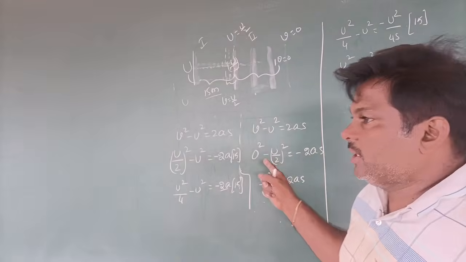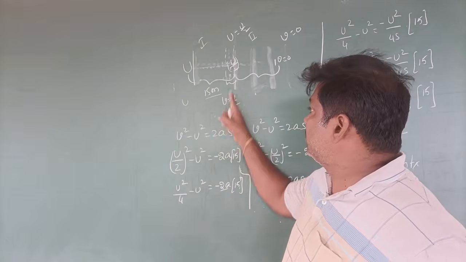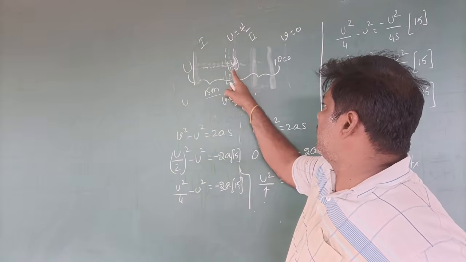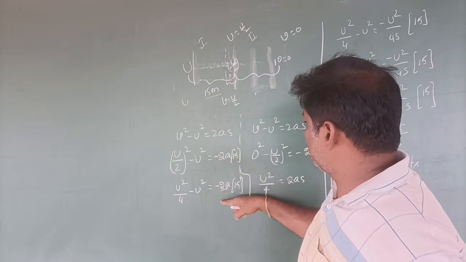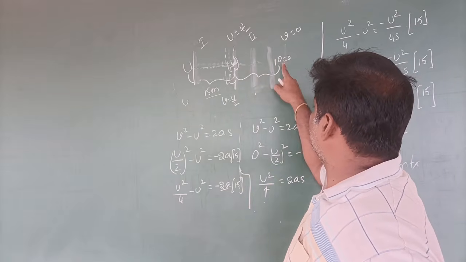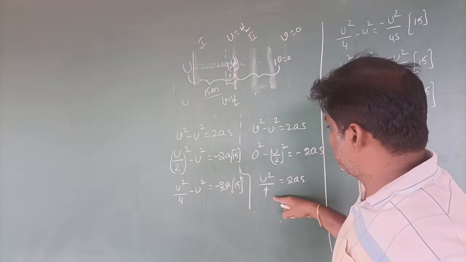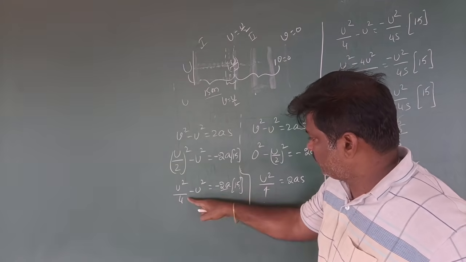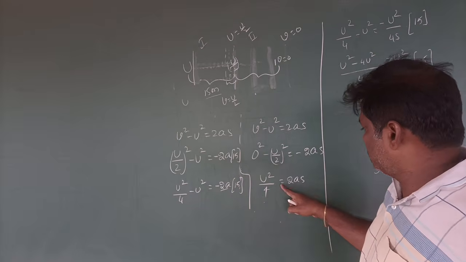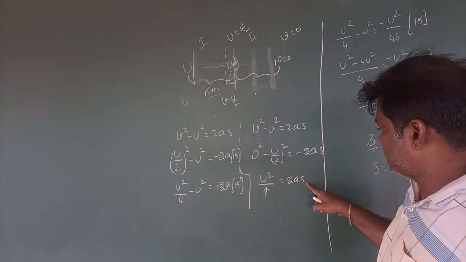This problem will be divided into two halves. In the first half, its velocity decreases to half, up to u by 2. This is the first case going on. And in the second half, its velocity is going to decrease further. We are proceeding with the same formula. Finally, we got u square by 4 minus u square is equal to minus 2a into 15, and u square by 4 is equal to 2a s.